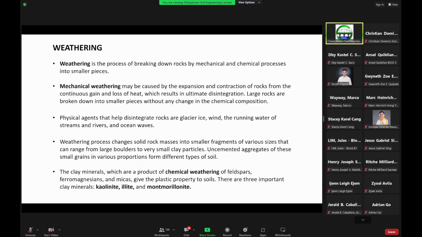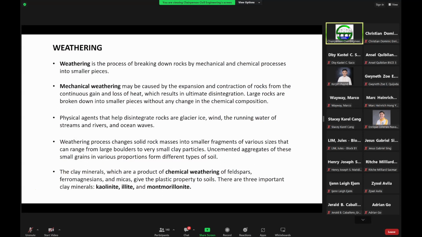Now, talking about weathering process. Weathering is the process of breaking down rocks by mechanical and chemical processes into smaller pieces. Mechanical weathering may be caused by the expansion and contraction of rocks from the continuous gain and loss of heat, which results in ultimate disintegration.